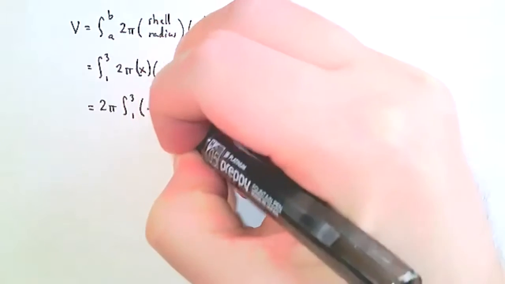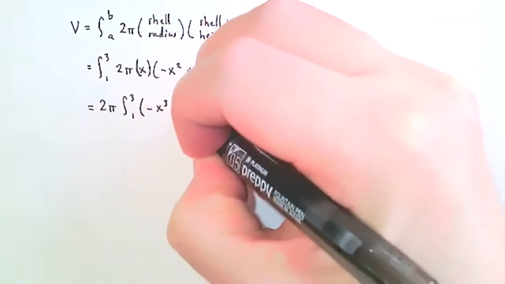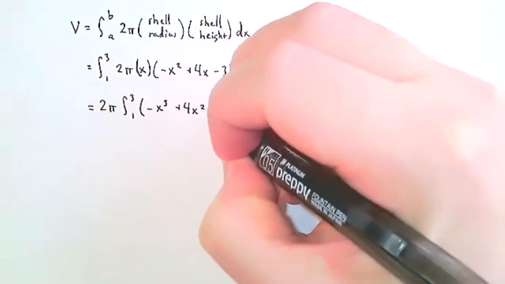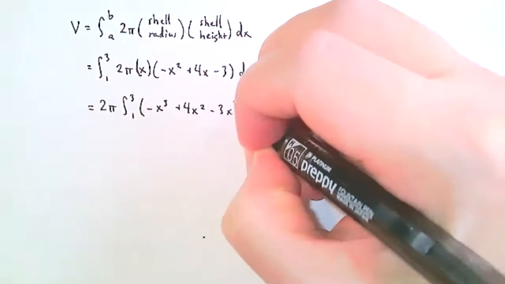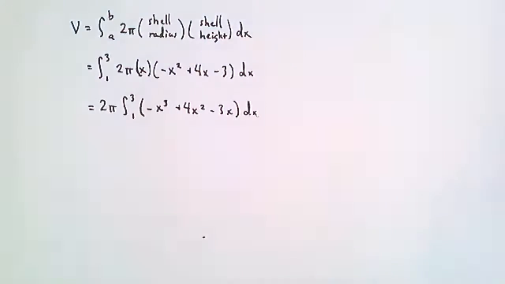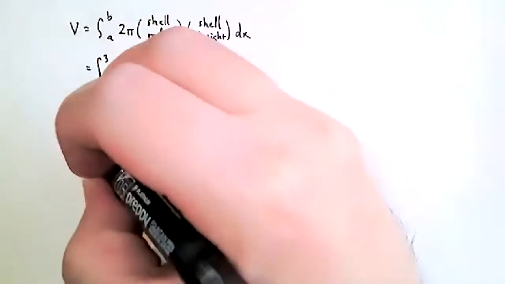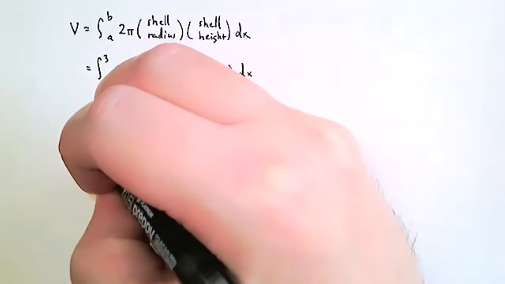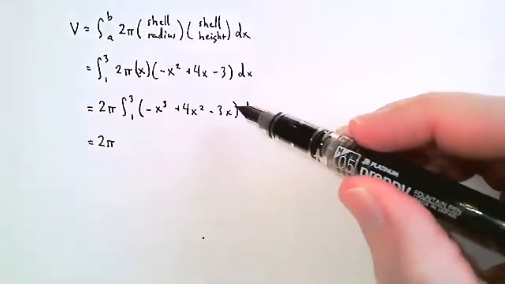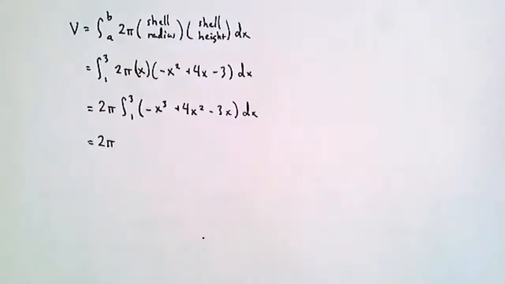We have a minus x cubed plus 4x squared minus 3x. And then we use the power rule to get our integral. What's a good antiderivative? Anyone?